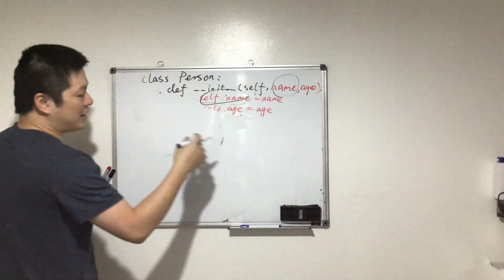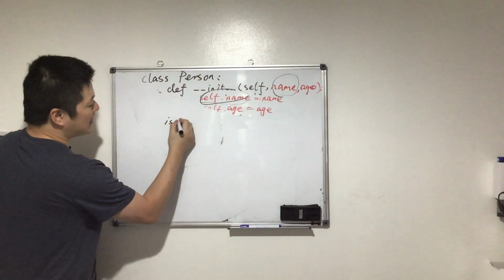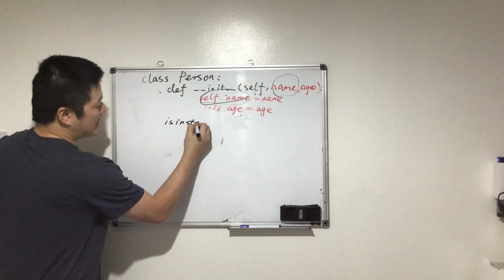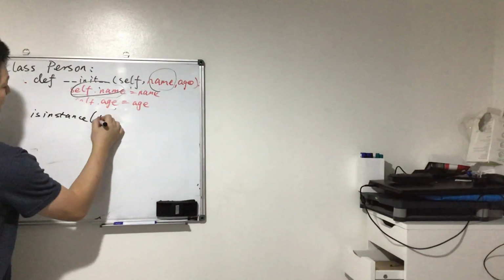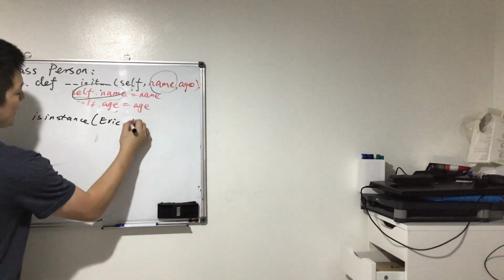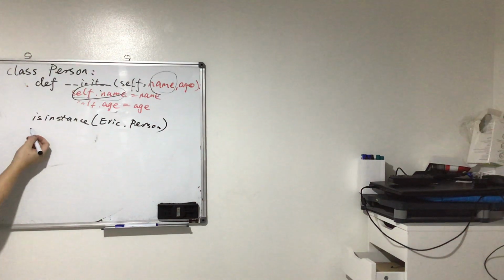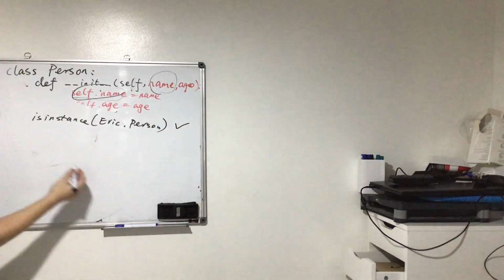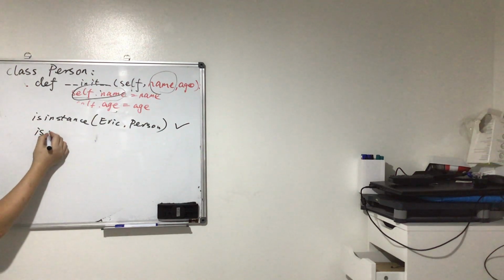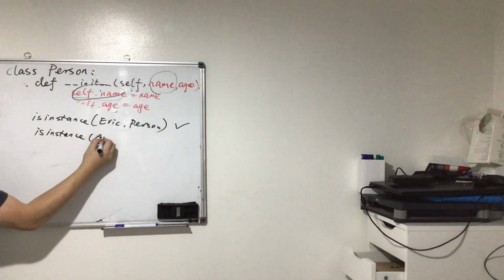If we have three different objects, then we can check using isinstance. Is Eric an instance of person? Yes, Eric is an instance of person, so this will return true. But how about Audi?